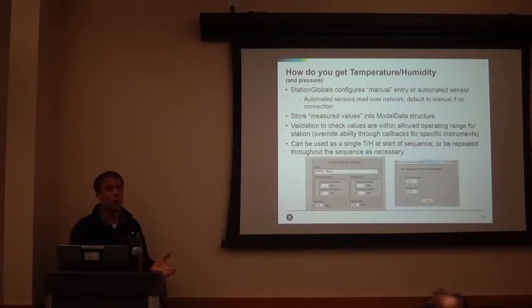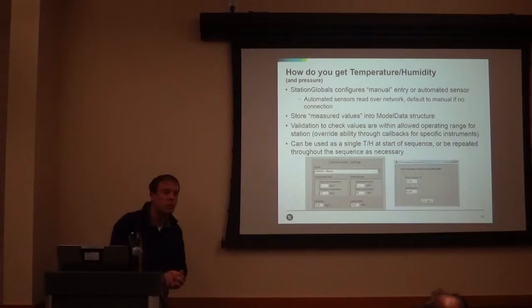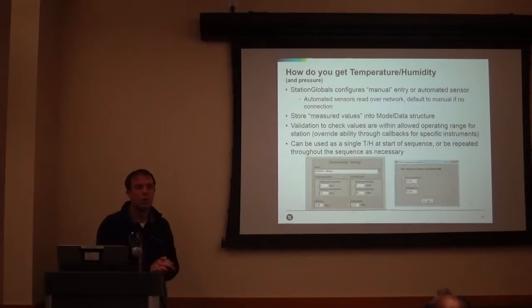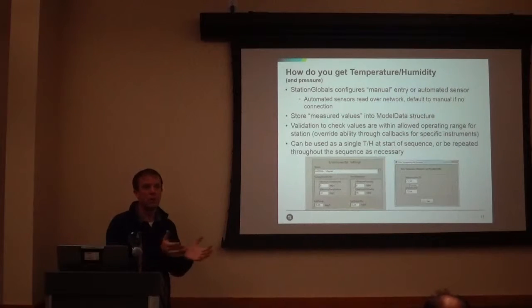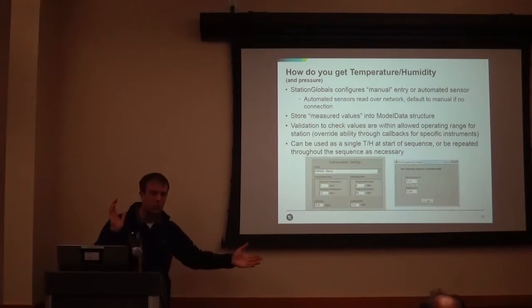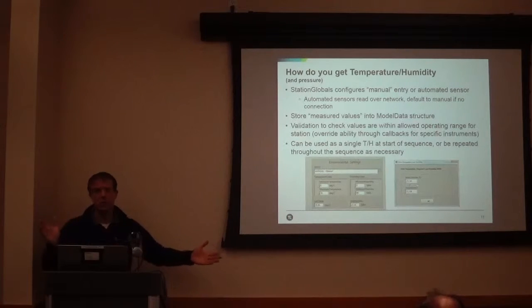Temperature, humidity, or environmental conditions in general, we'll simplify it down to temperature and humidity, is something we end up having to gather for each of the calibrations. In general, we found the easiest way is to put a callback into our customized process model that will go off and talk to an environmental conditions monitoring database that we have. It talks to a set of temperature and humidity sensors around the plant every couple of minutes and stores that data in the database.